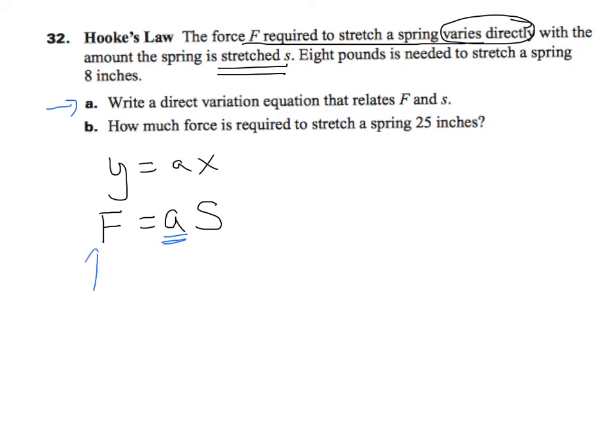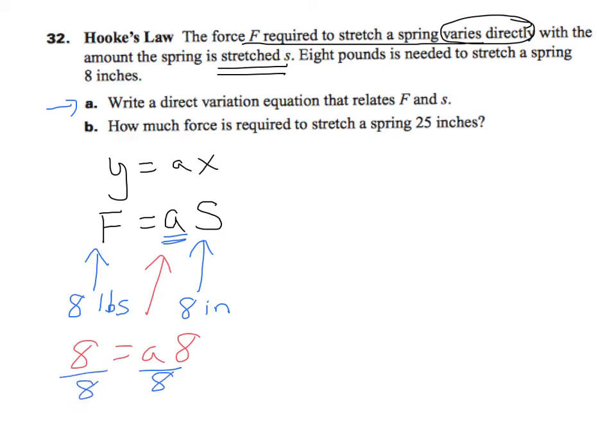So the force is this idea of pounds, 8 pounds for 8 inches. I think we can figure out what A would have to be then. If we put in 8 for the F and 8 for the S, and divide by 8 on each side, A must be worth 1. Well, if A is worth 1, that means F is equal to 1 times S.